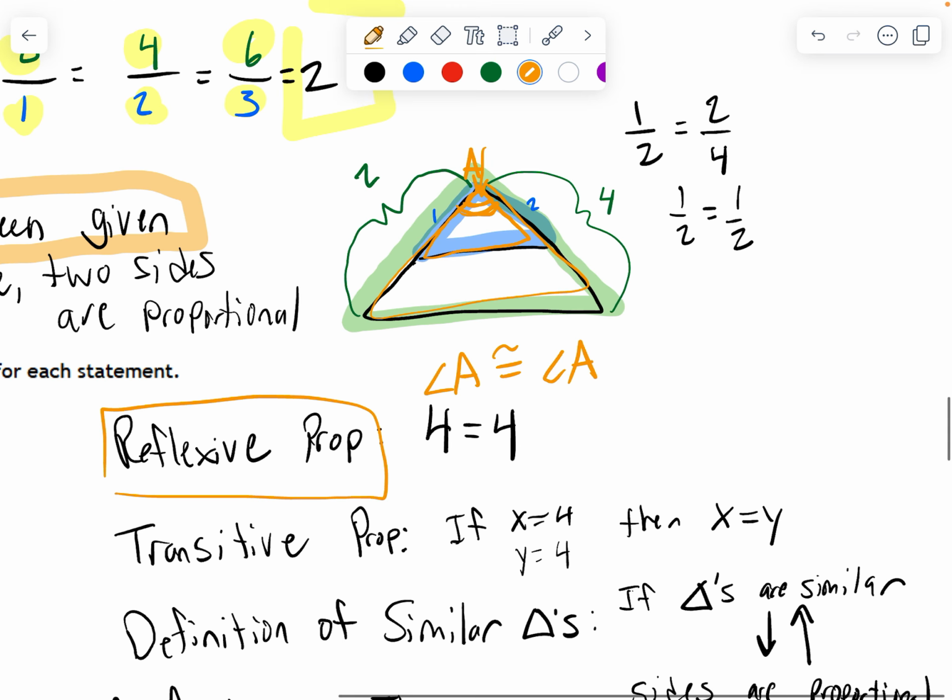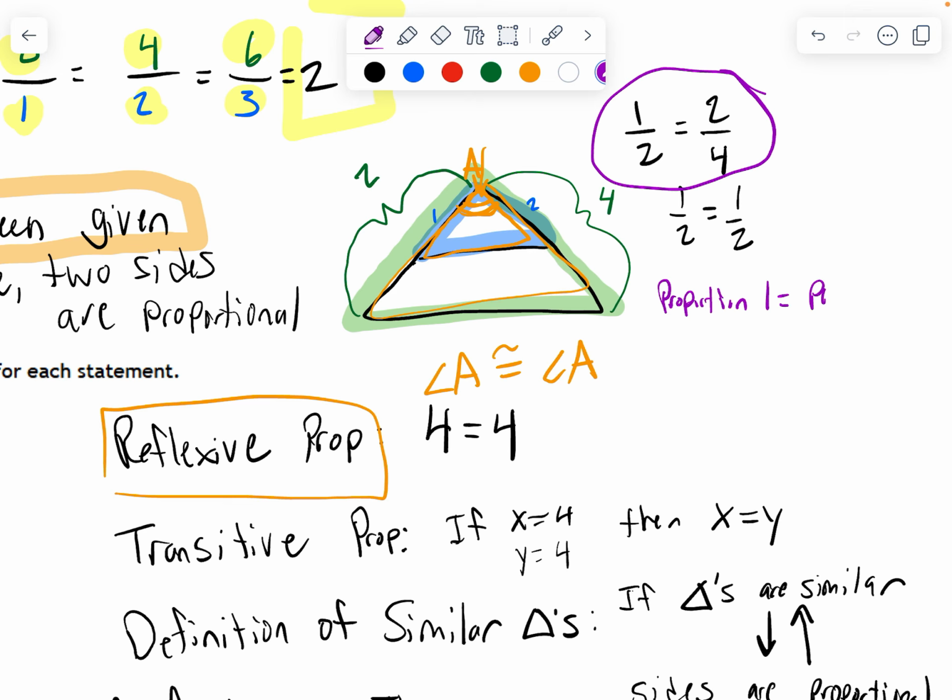Now, the next is the transitive property that we just used to say that our proportions were the same. We got the proportion of our two different side lengths equals the proportion of another two side lengths, right? And they both equaled 1/2. The first proportion equals 1/2, sorry.